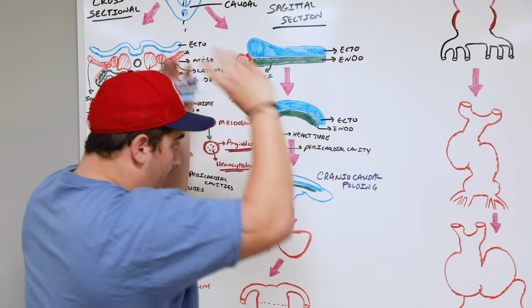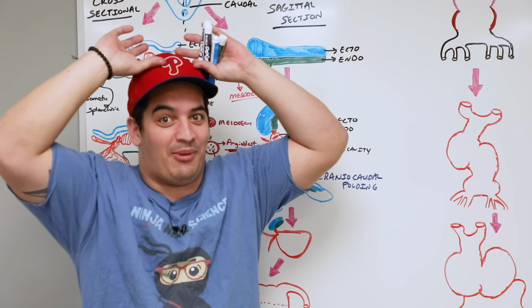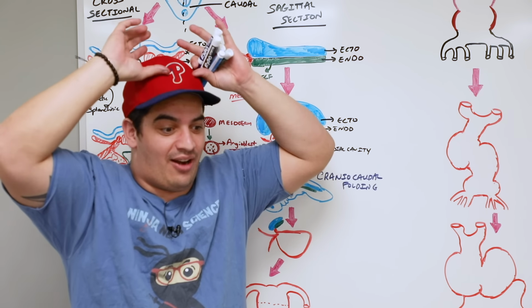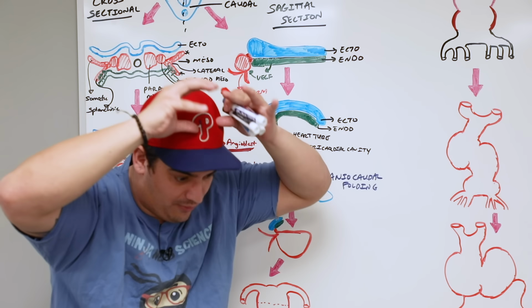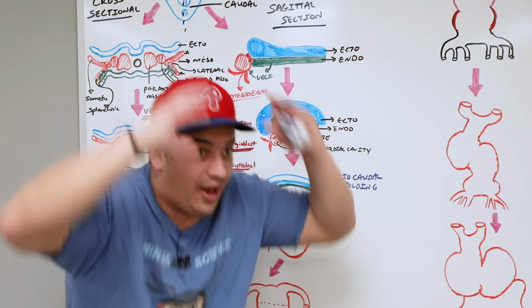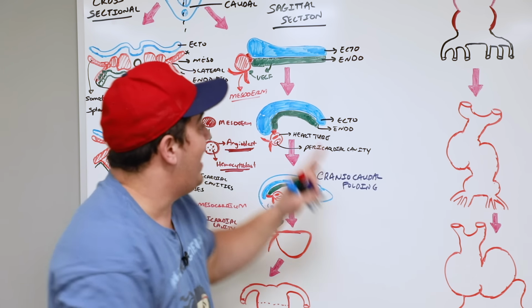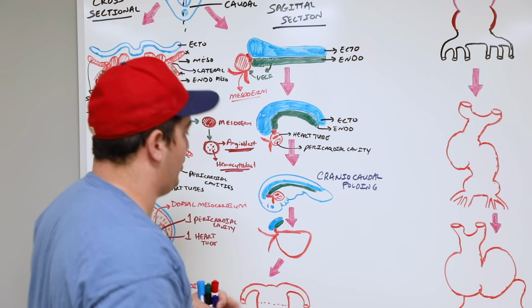Imagine it like this. This is the best way I think to imagine it. Imagine your heart is developing above your head. As the baby folds, the heart is moving inwards in front of the face, in front of the neck, and into the thorax. That is what you're seeing in this sagittal section.